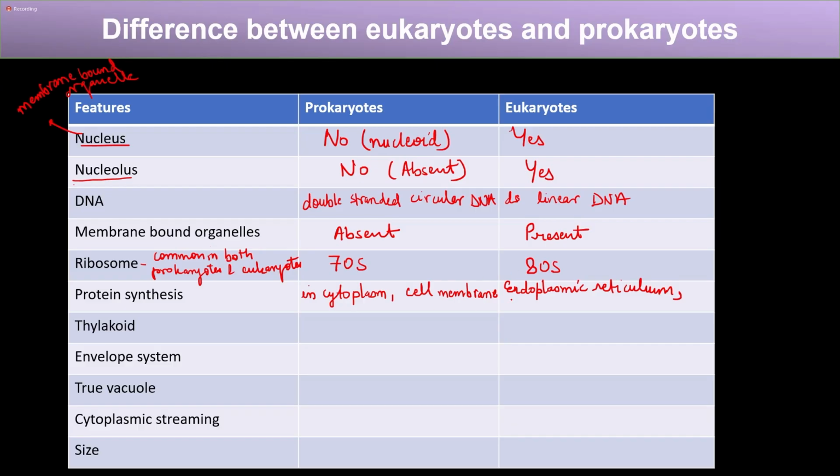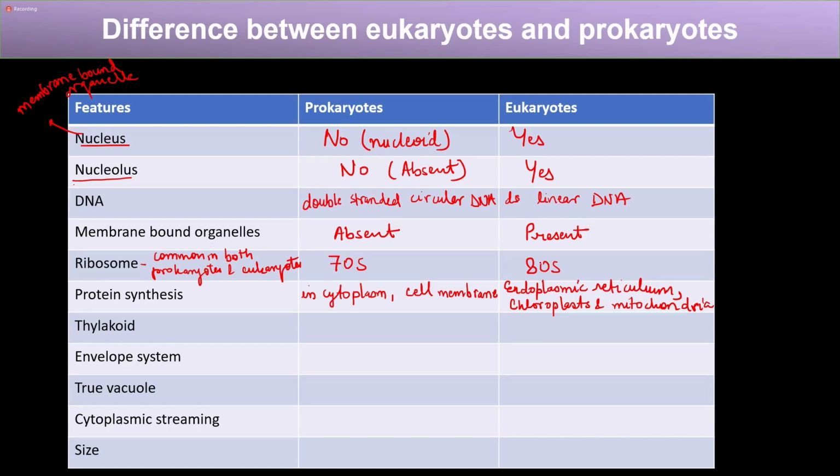Hence, protein synthesis also takes place in those organelles, and those organelles were chloroplast and mitochondria. So in eukaryotic cells, protein synthesis takes place in the endoplasmic reticulum, chloroplast, and mitochondria.